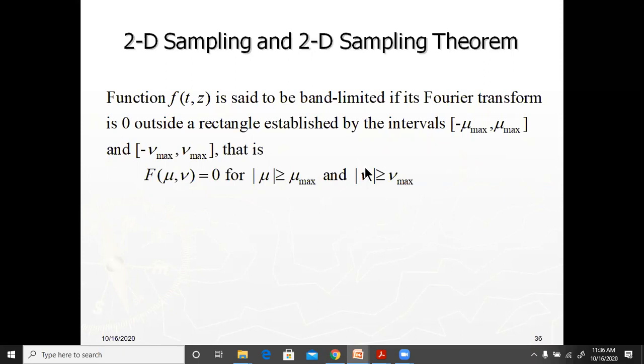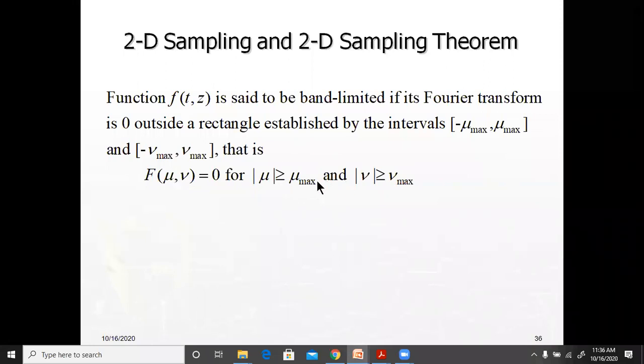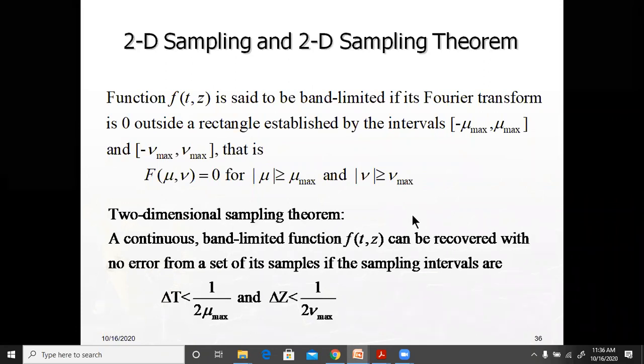Band limited just means within the range of mu max and v max in the 2 dimensions. Under that condition, the 2-dimensional sampling theorem indicates that del t should be less than 1 by 2 mu max and del z should be less than 1 by 2 v max. Or inversely speaking, 1 by del t should be greater than 2 mu max and 1 by del z should be greater than 2 v max.